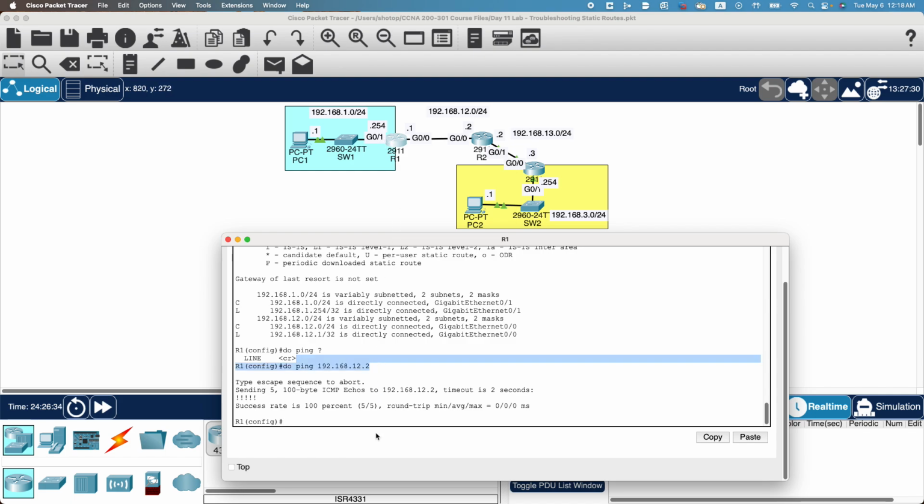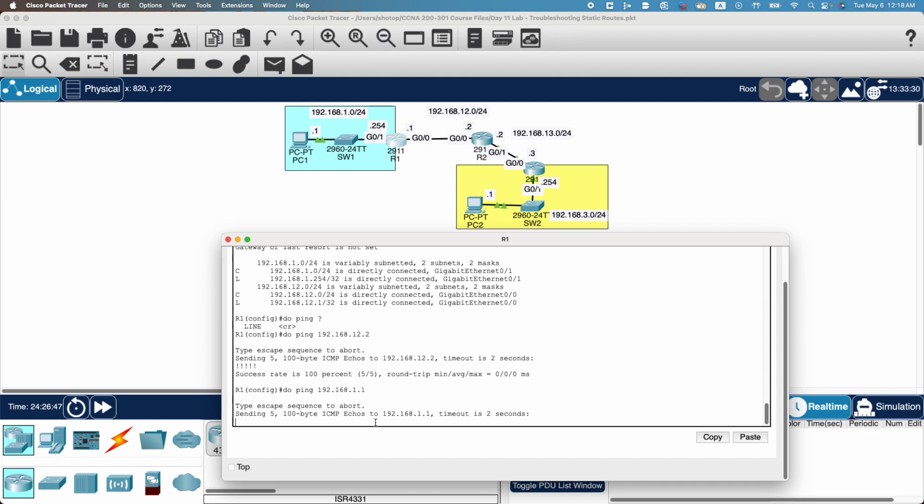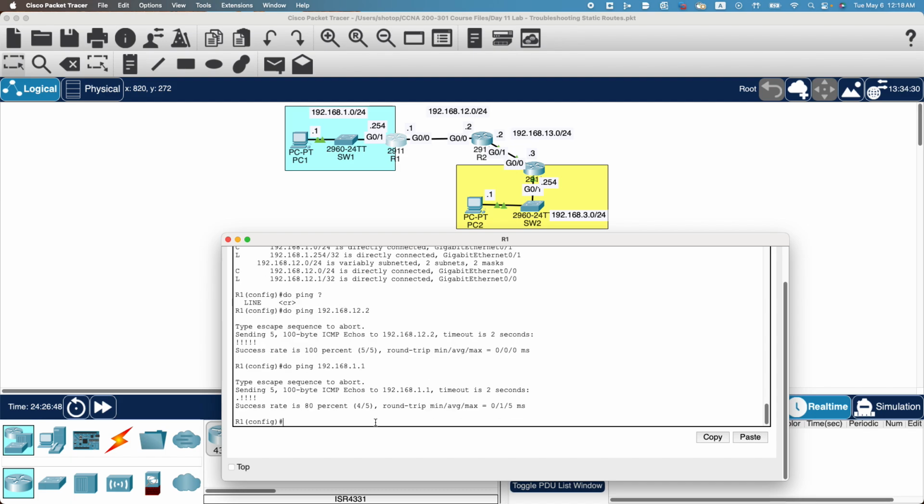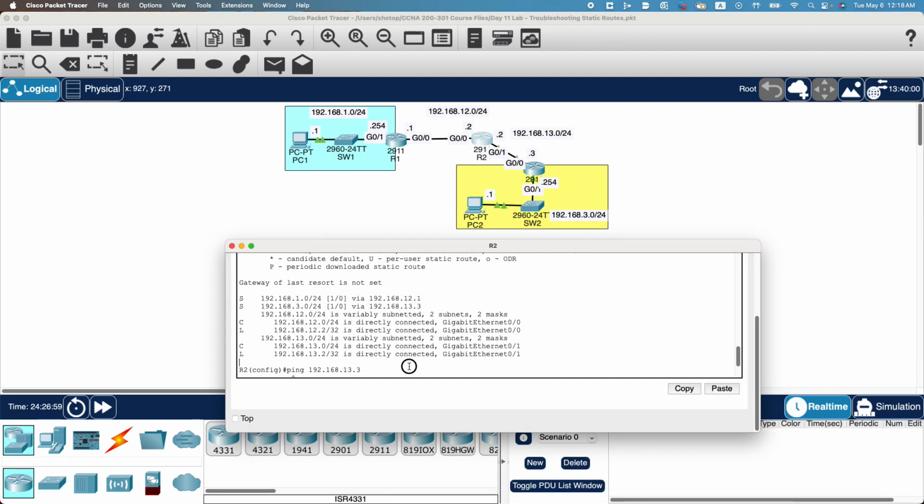And this thing can talk to its PC, I would assume. All right. So R1 can talk to its PC. R1 can talk to R2. R2 can talk to R1. Let's just confirm that.